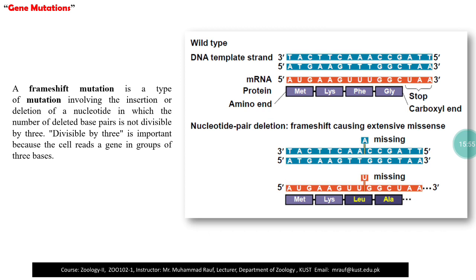And the frame shift mutations usually affect triplets of bases, but if the inserted or the deleted nucleotides are divisible by 3, then there will be no change in the reading frame beyond the point of deletion or insertion.